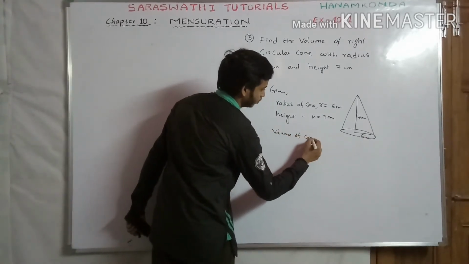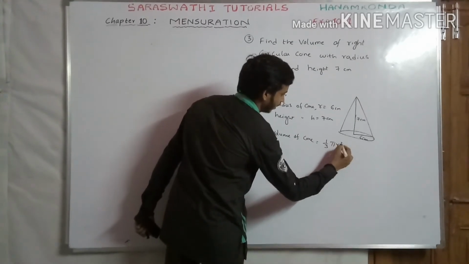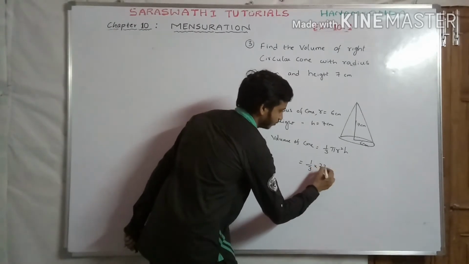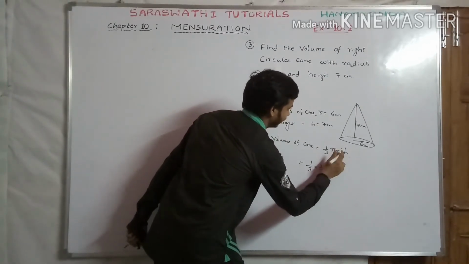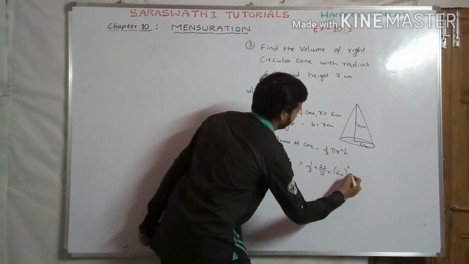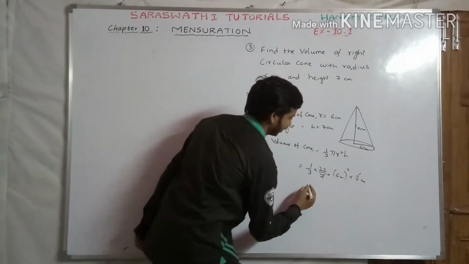of cone is, so by the volume of cone formula, we know that volume of cone is 1/3 pi r square h, equal to 1/3 of pi value, we can take as 22 by 7, into r square, that means r value is 6 centimeters whole square, into h value is 7 centimeters. 7 gets cancelled.